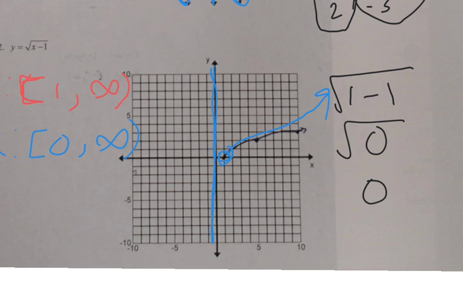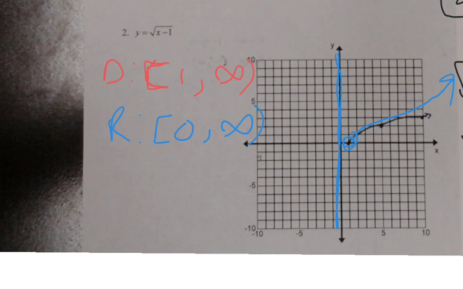So when we write our table x, y, it starts at 1, and y would be 0, at 2, y would be 1, and so on. So you can solve for the domain and range algebraically, but it obviously helps if you have a calculator.